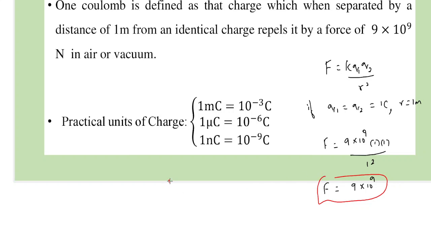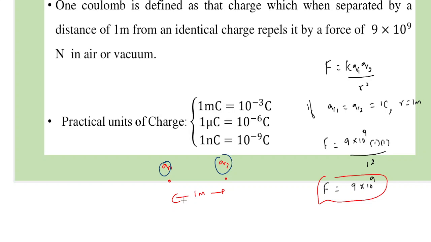That is, if you have two charges, say Q1 and Q2, and the distance between them is 1 meter, and the force which Q1 exerts on Q2 or which Q2 exerts on Q1 is equal to 9 into 10 power 9 Newton, then we can say that the charge of each one would be 1 coulomb. So we are defining 1 coulomb from here.